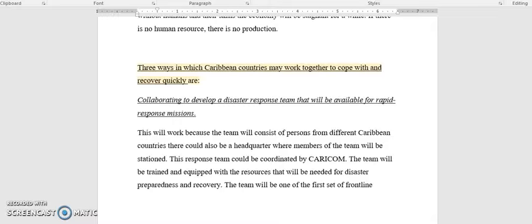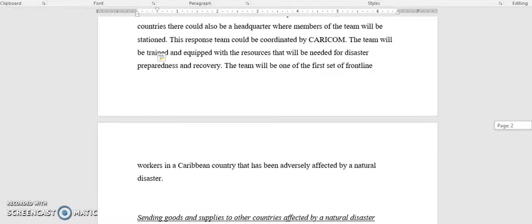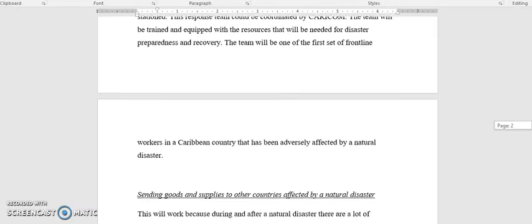The team will be trained and equipped with the resources that will be needed for disaster preparedness and recovery. The team will also be one of the first set of frontline workers in a Caribbean country that has been adversely affected by natural disaster.